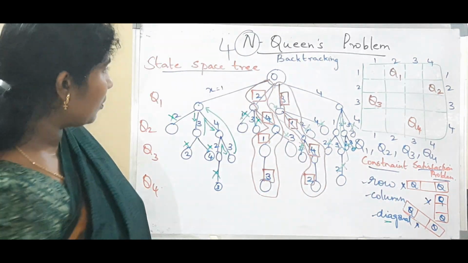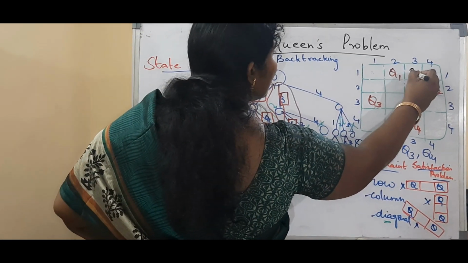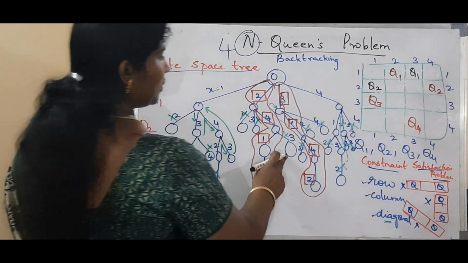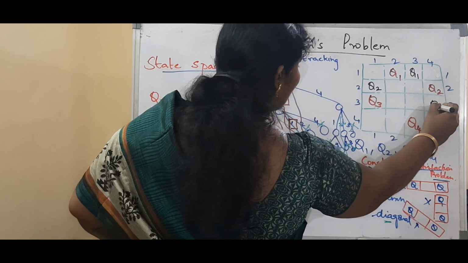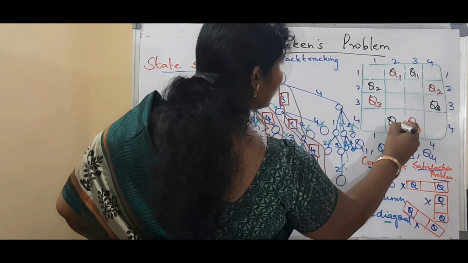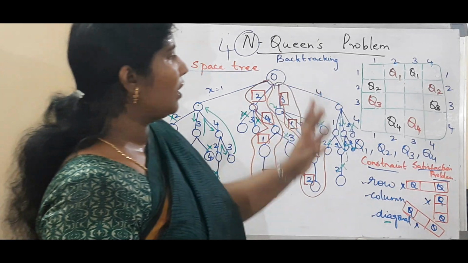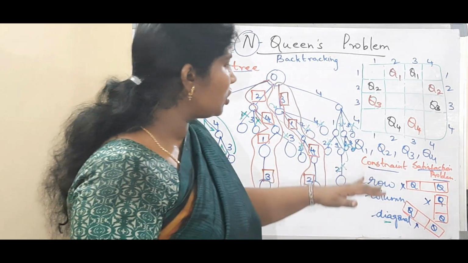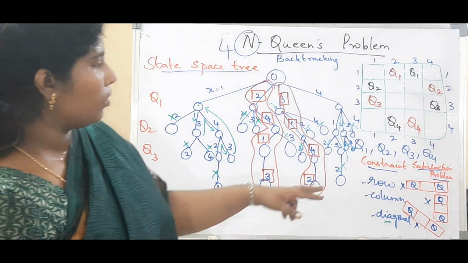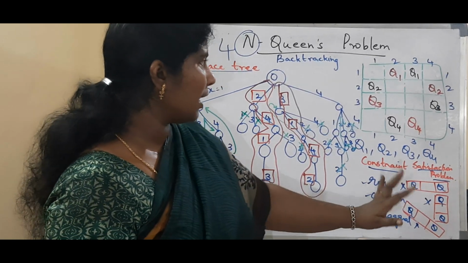About the other answer, placing the first queen in the third position, the second queen in the first position, the third queen in the fourth position, and the fourth queen in the second position. So in both cases we don't have any problem, that is, all the conditions are satisfied. No 2 queens are present in the same row, the same column, or diagonally.